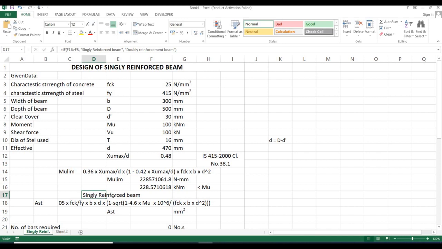How can I do it? Using the IF function. What is the IF function doing? First it will analyze the formula I have given, that is, whether Mu is greater than Mu limiting, whether this value is greater than this value or less.